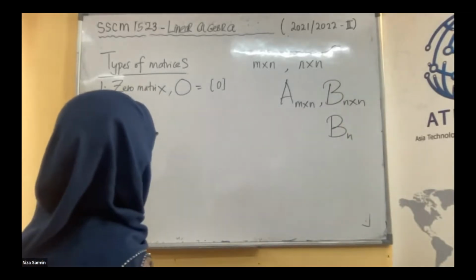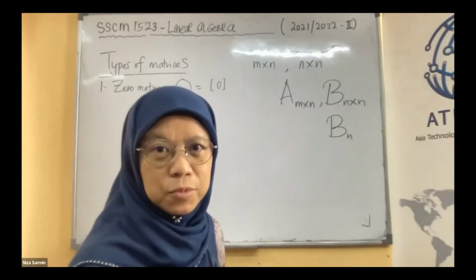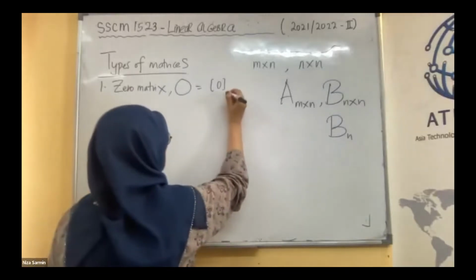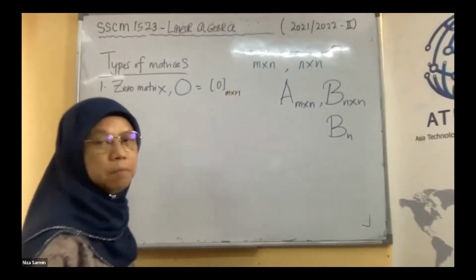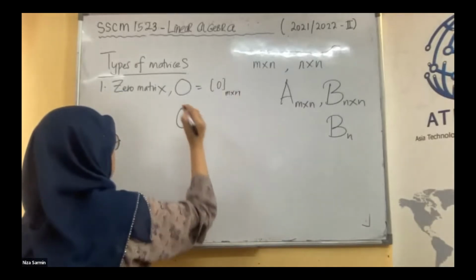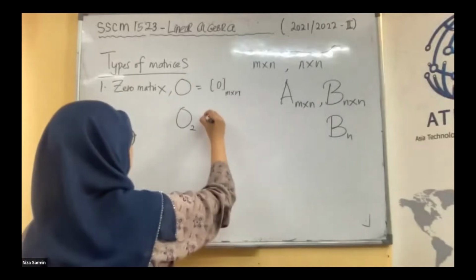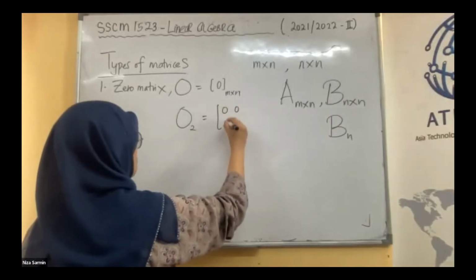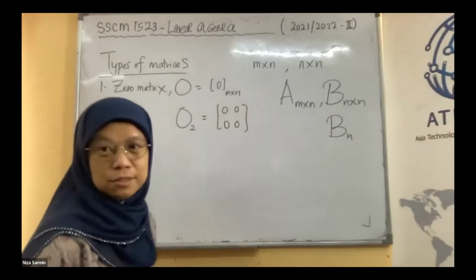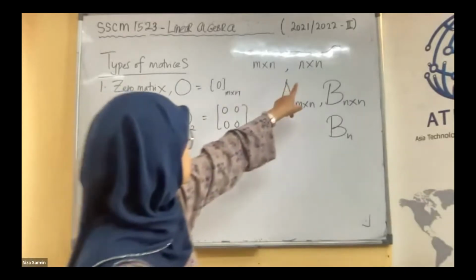So a zero matrix is not necessarily square, it can be M by N. And if you want a square matrix, it's not an O, but it's a 2 by 2 zero matrix.